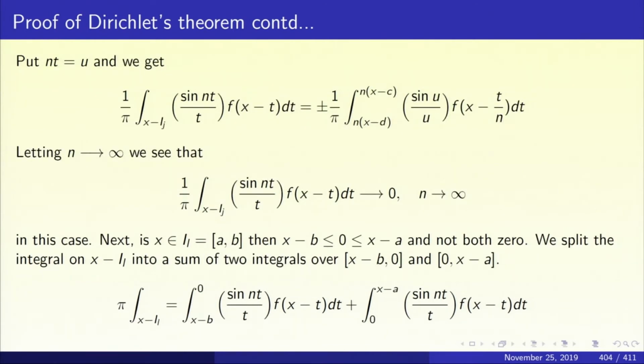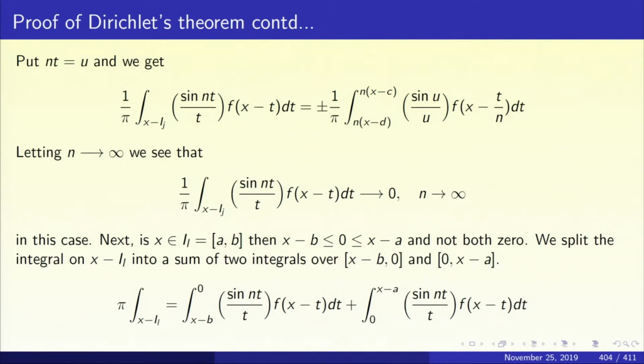That's exactly what I have done here. I have put nt equal to u, the integral becomes plus minus 1 upon pi integral from n into x minus d to n into x minus c sin u by u f of x minus u upon n du.